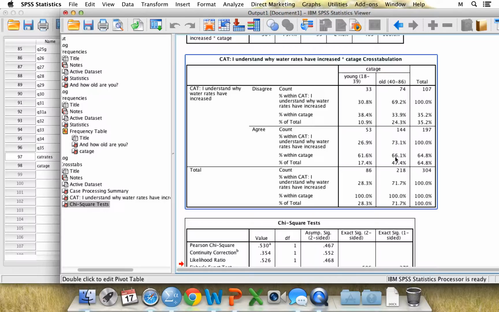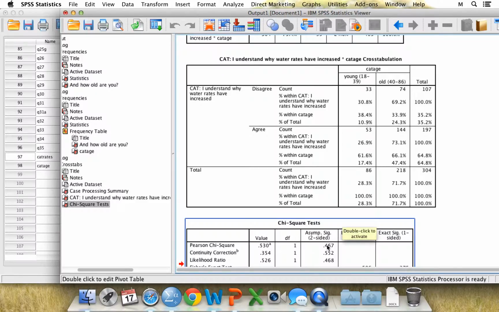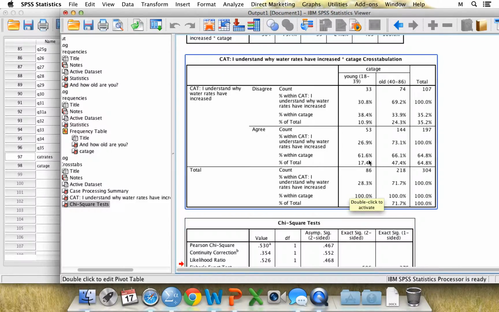So more older folks understand the reason for water rates increase. And the difference is 4.5, but the difference is not significant. So that means it doesn't matter whether you're younger or you're older. People's understanding of water rates increase is about the same. So that's what I tell my client.